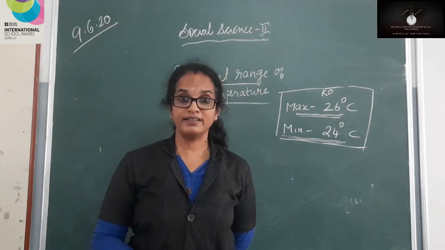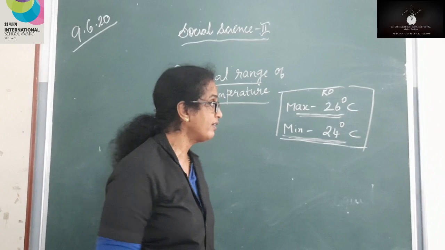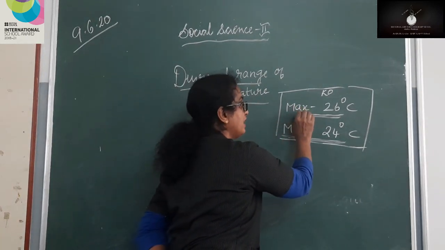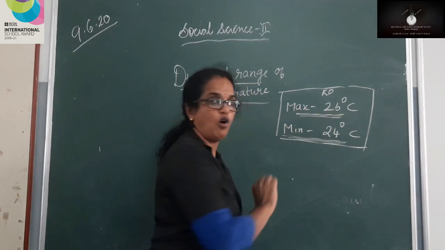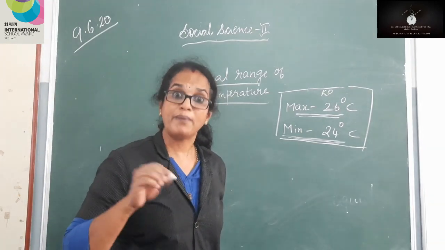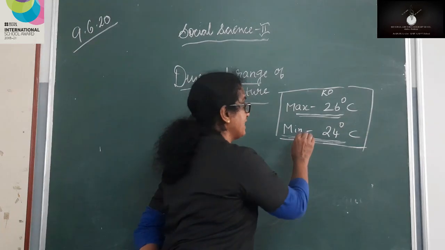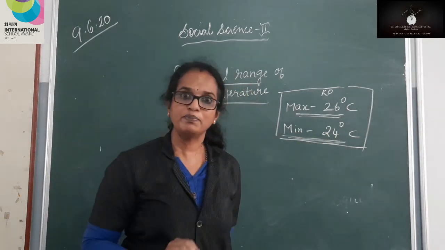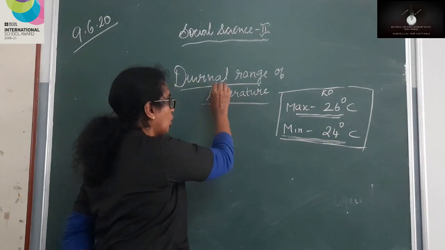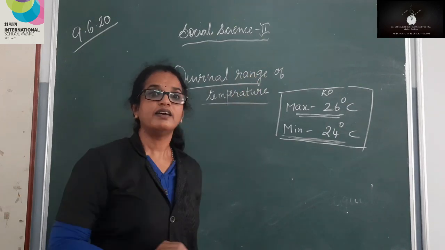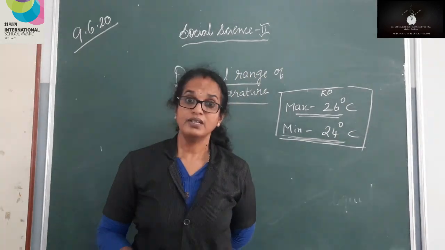So, what is the diurnal range of temperature, my dear children? The difference between one day's maximum temperature and the same day's minimum temperature of a particular place is called the diurnal range of temperature.